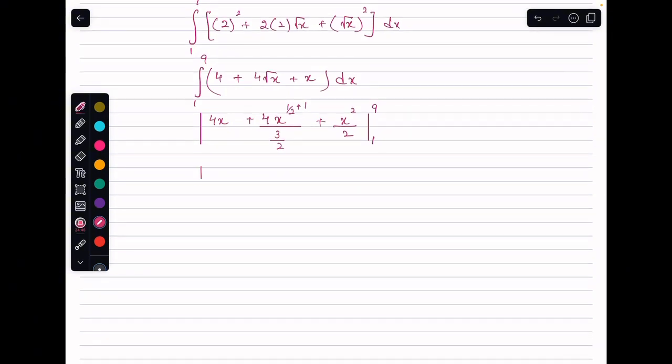So solving it further for this 3 by 2, what I can see here is that this becomes 4x plus 4 times 2. I know that I have to reciprocate this fraction, so that this becomes 8 by 3 x to the power 3 by 2, and then it's plus 1 by 2 x squared from 1 till 9.